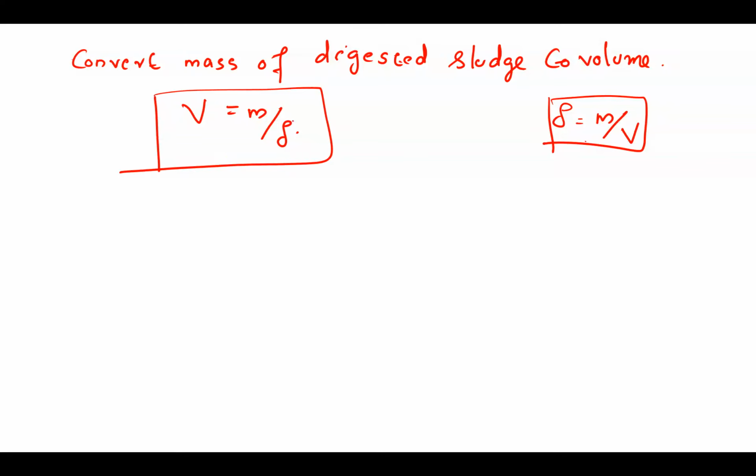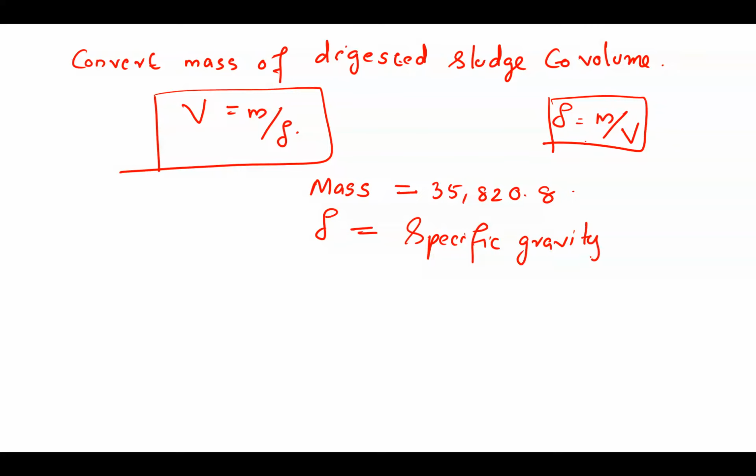And here we have the mass. What is the mass here? The total mass of digested sludge, which we have calculated, 35820.8. Then for density, we can take the specific gravity times the density of water. Then what will be the answer here?